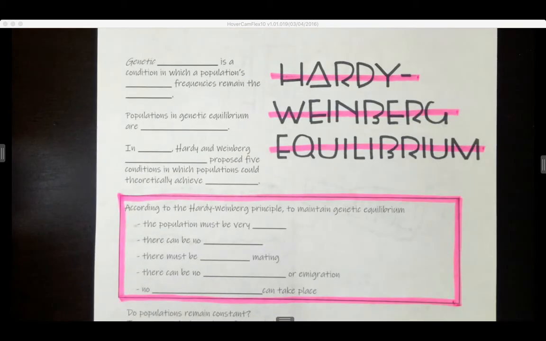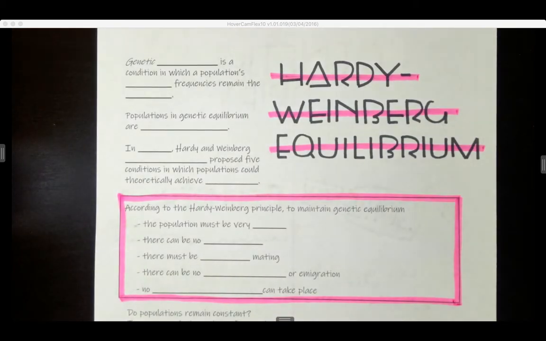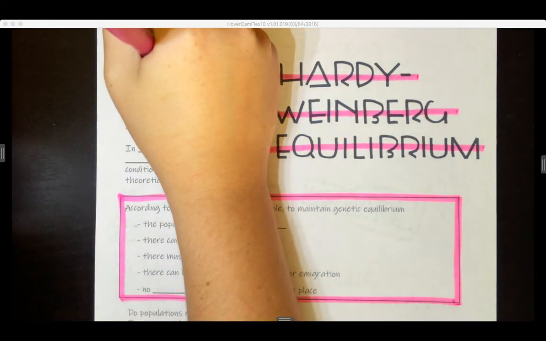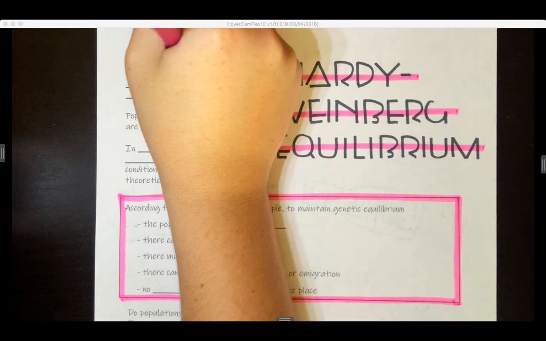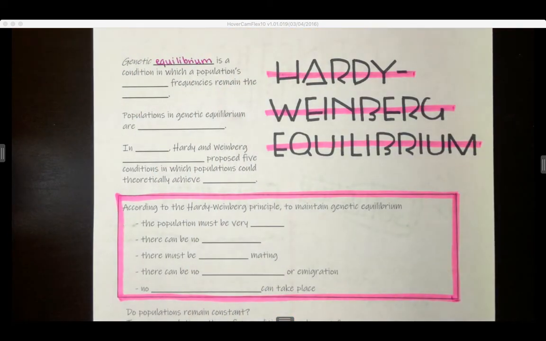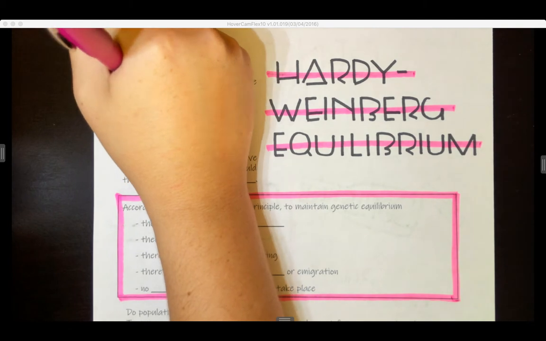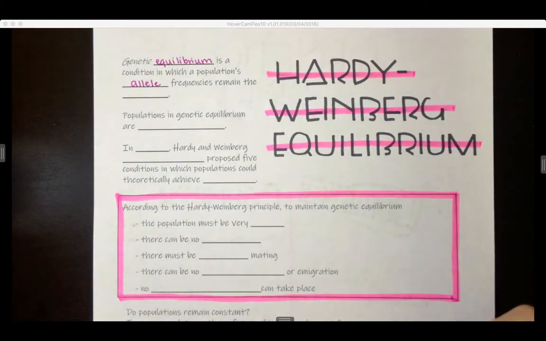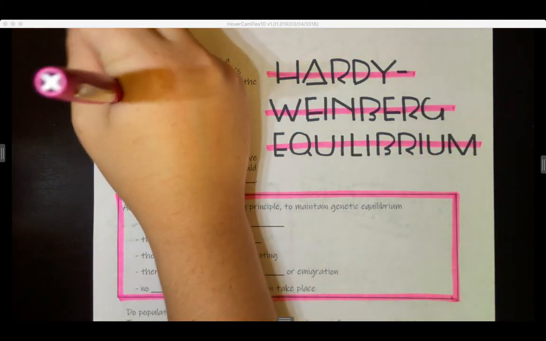So let's go ahead and move to this idea of equilibrium within a population. So genetic equilibrium, let me get a new color. Genetic equilibrium is a condition in which a population's allele frequencies remain the same.